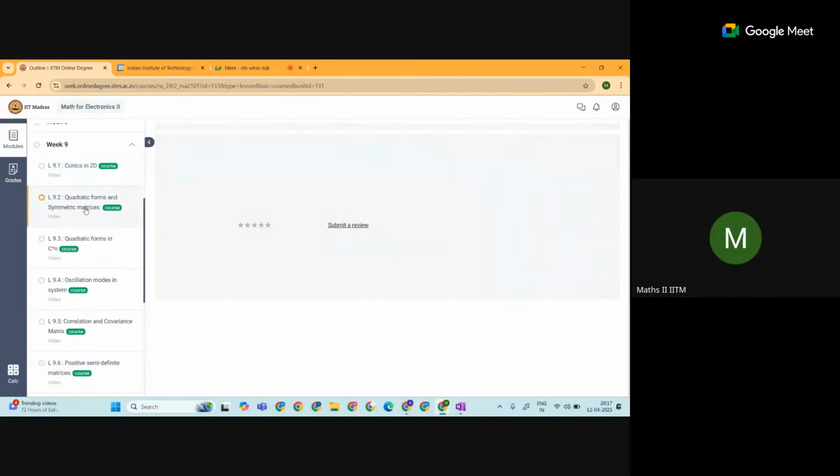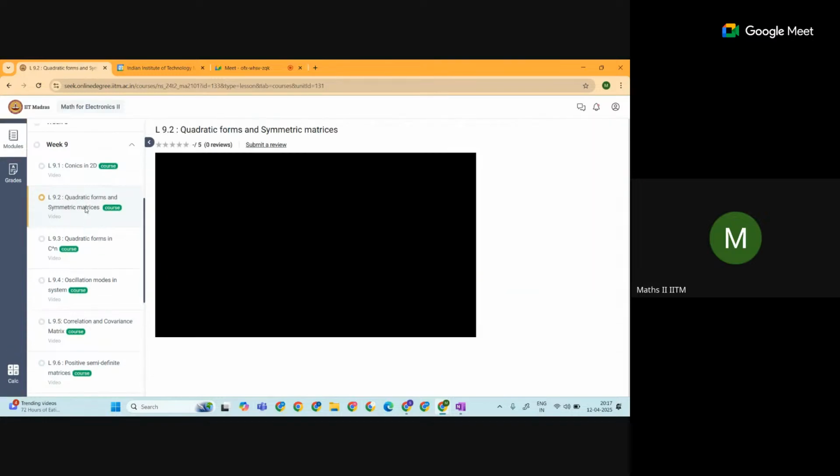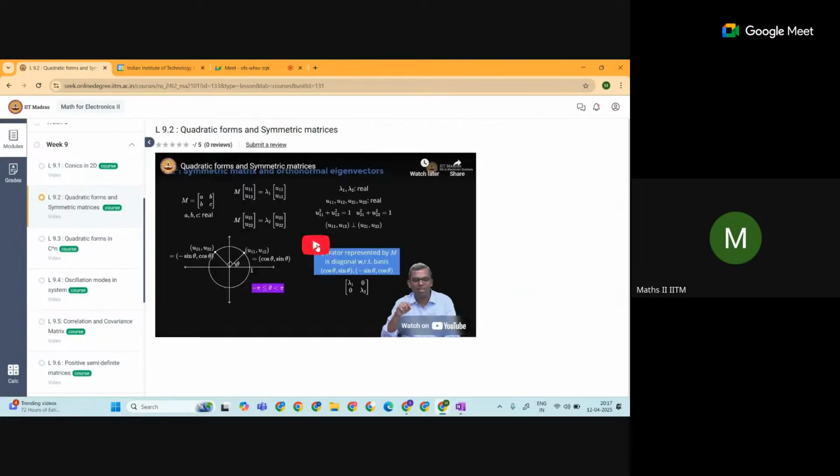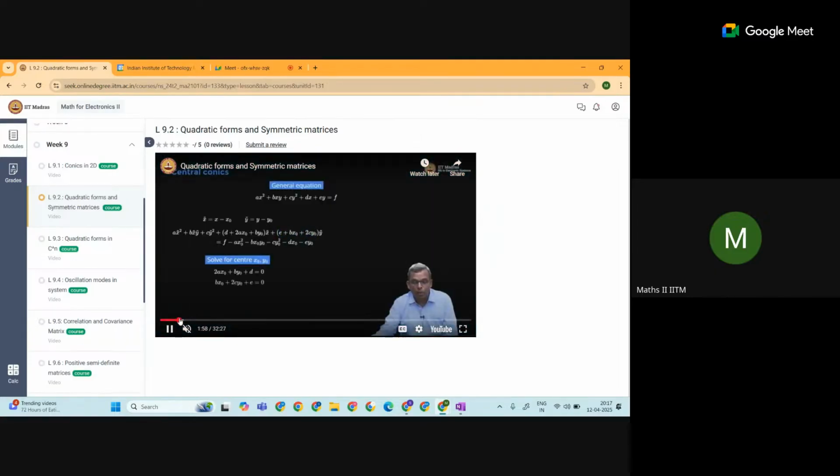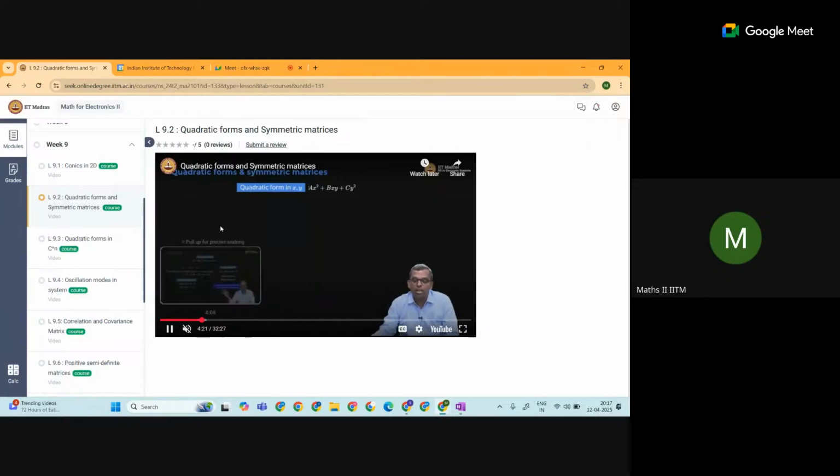The main new thing here is quadratic forms and symmetric matrices. This is one important topic, because if we have a quadratic form, how will we get a matrix related to that? Here is one form already mentioned, the quadratic form.